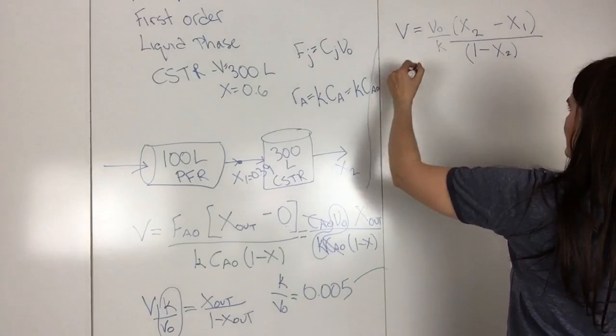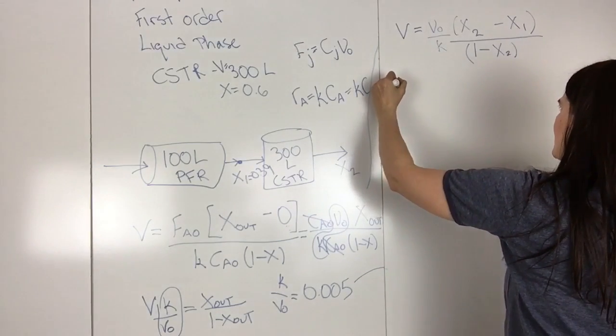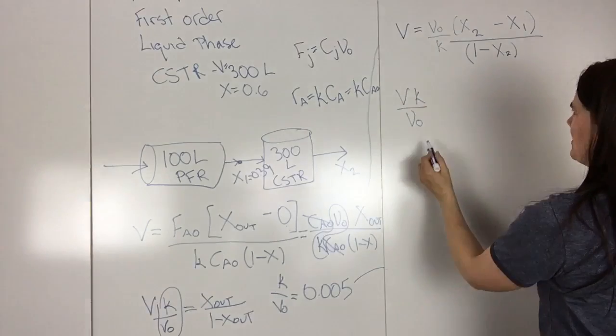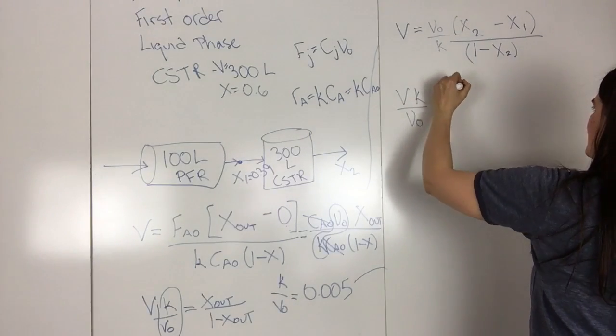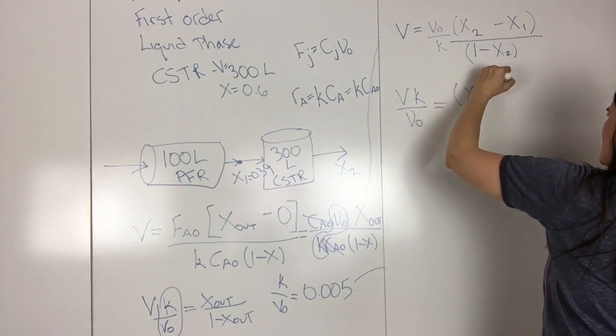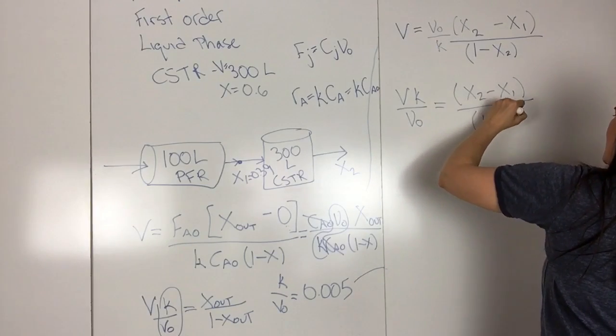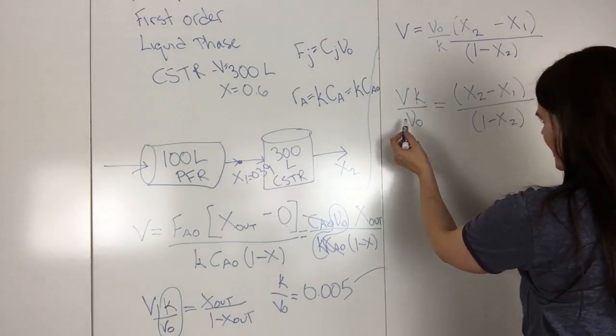So then I can multiply the k over, divide by volumetric flow rate, and that equals x2 minus x1 over 1 minus x2.